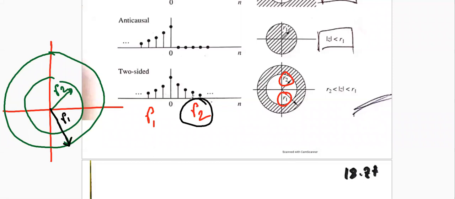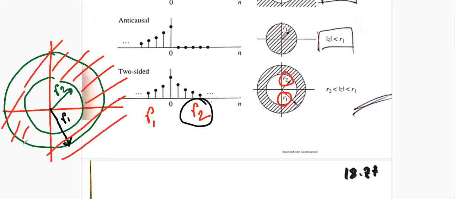So R2 comes from the right-sided sequence. What is the solution for the right-sided sequence? What is the solution plane? Of course, the exterior. So you have the solution exterior of that. And for R1, since this is a left-sided sequence, the interior of that. So this is interior.